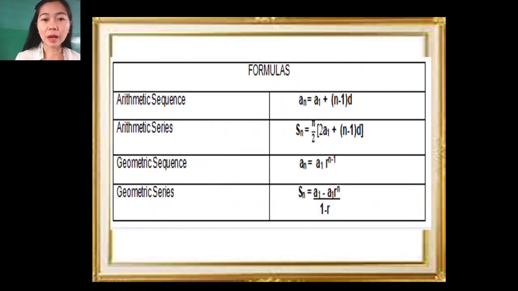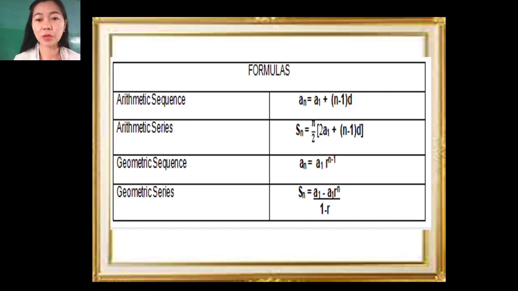Now, the following are the formulas that you are going to apply if you are asked to solve for arithmetic sequence, arithmetic series, geometric sequence, and geometric series. So if the problem involves arithmetic sequence, the formula that you are going to apply is a sub n equals a sub 1 plus the quantity n minus 1 times the common difference, where a sub n is the nth term.